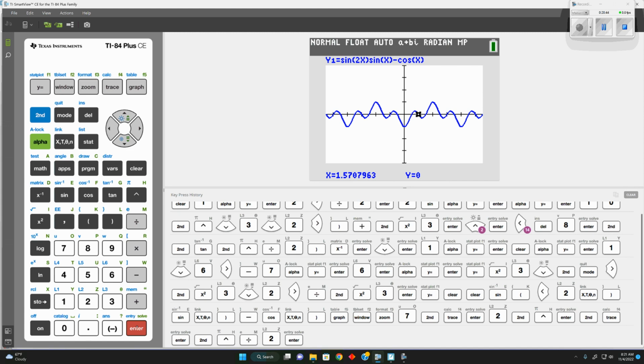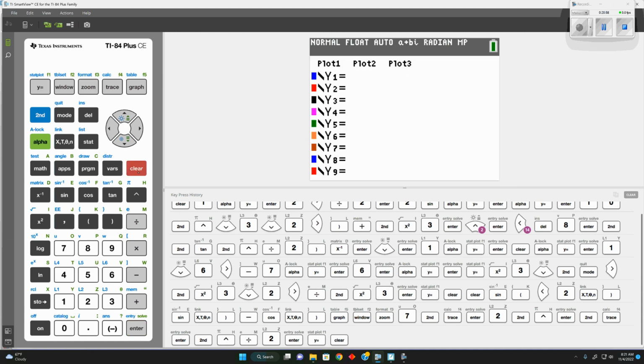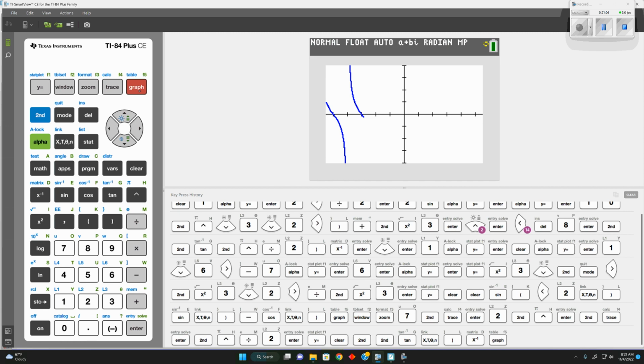Now with tangent inverse, or tangent to the -1 with our cotangent, if it does work, it'll be a little funky. It won't give you a y value. Tangent of x to the -1, our cotangent.